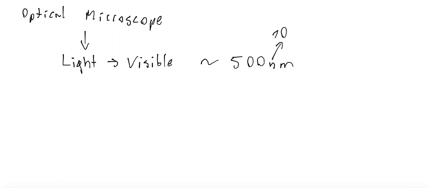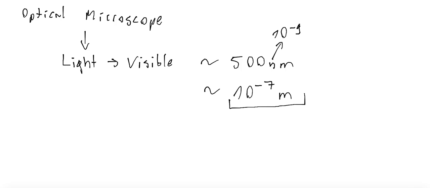Nano, as you know, means 10 to the power of -9, so the order of magnitude of the smallest detail seen by such a microscope is around 10 to the power of -7 meters. The phenomenon which limits the resolution of a microscope is known as diffraction.